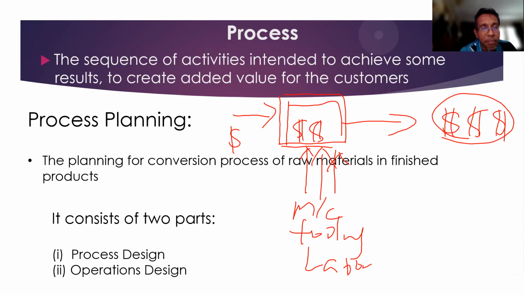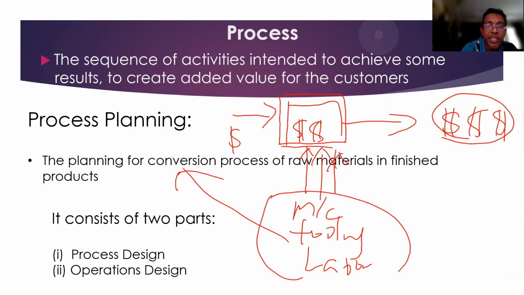And then planning involves the plan. We plan the process for the conversion, because the conversion is here. We use tools, machines, and labor to remove material from the existing material, and make several processes in the conversion.